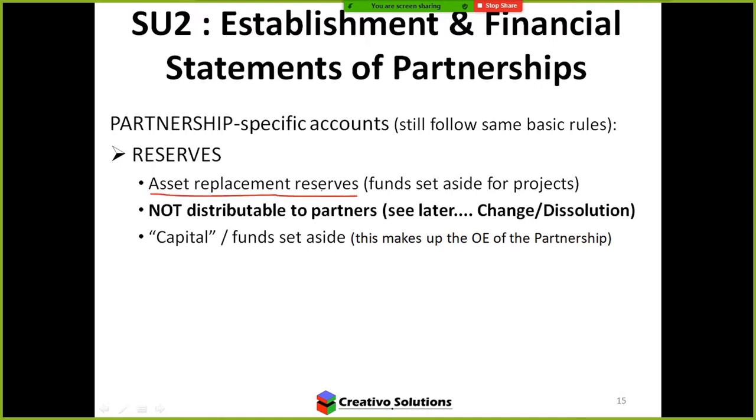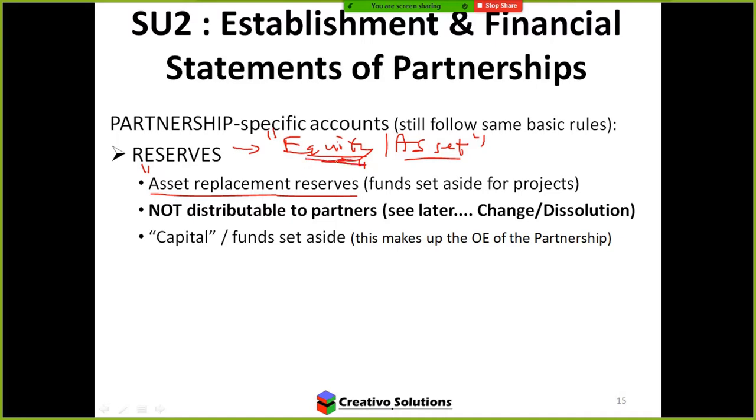Then there's the note about the reserve. Asset replacement reserve, that's the vocabulary that you will use when describing the reserves in this particular section. You'll see it in some of the activities. What did we say this is going to be viewed as? It's going to be viewed as, inverted commas, equity / assets, depending on how they've recorded it in the accounting records of the business.